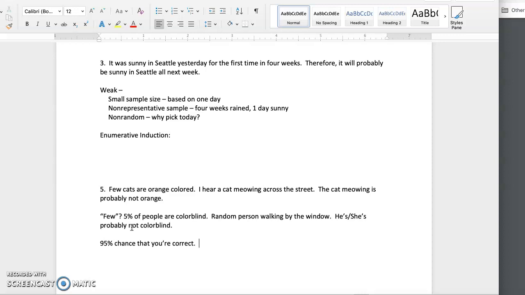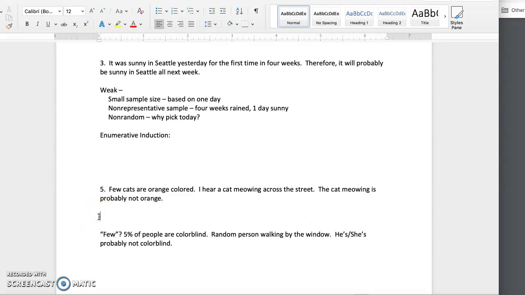So few is not a very well-defined term here, but it definitely means less than half, and usually if you say few, it means a relatively small percent, right? So depending on what you mean by few, this could be considered a strong argument, right?